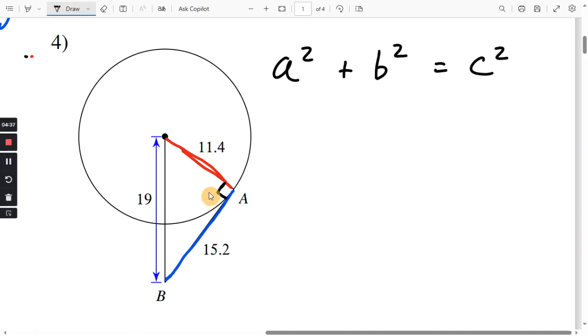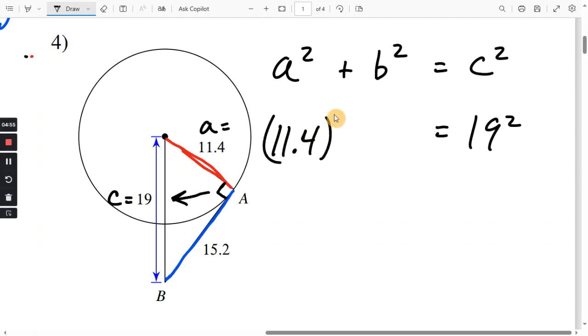Across from your right angle is always going to be your c, or the hypotenuse. So c squared is going to be 19 squared. A and b, it doesn't matter which is which. I'll let 11.4 equal a, so that's 11.4 squared. I'll let the other side equal b, so that's 15.2 squared.